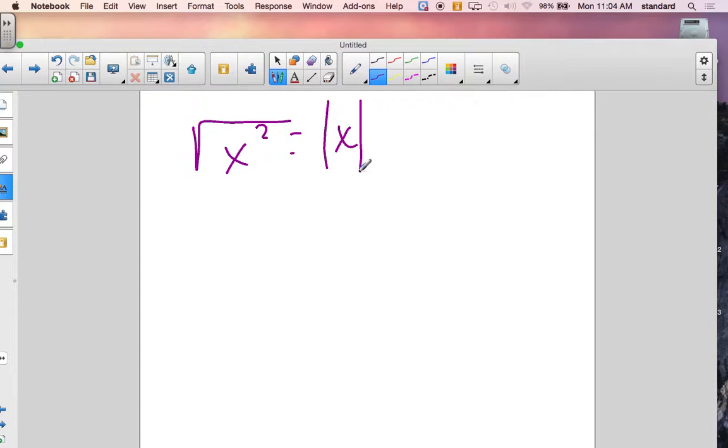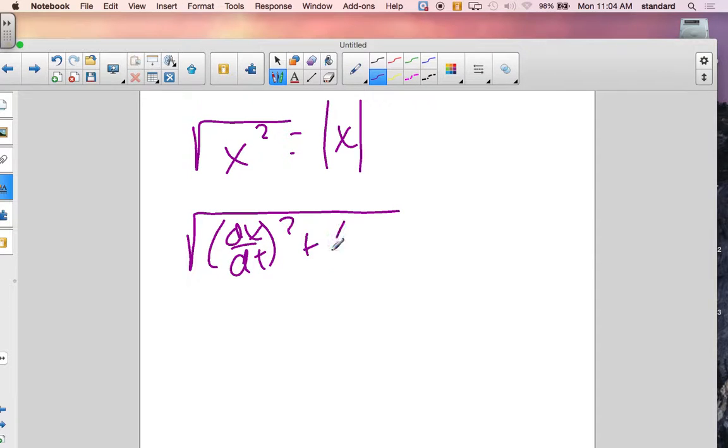Y'all all remember that? Okay, so if I really want the speed of something with x and y components, I get the speed of the particle by taking the square root of dx over dt squared plus dy over dt squared. And to make a little bit of sense of it before we move on, that's the velocity squared.